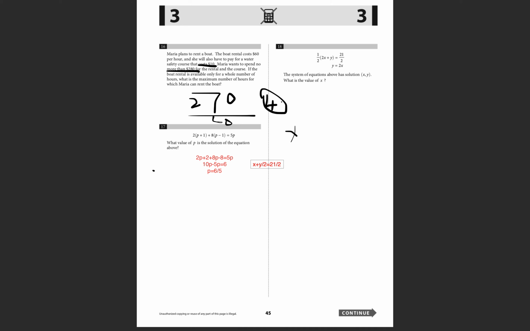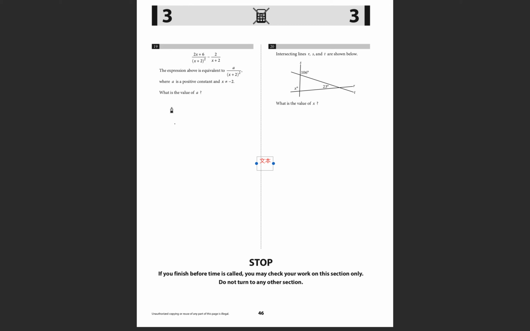Number 19. So it wants us to simplify to this form, whose denominator is x plus 2 squared.